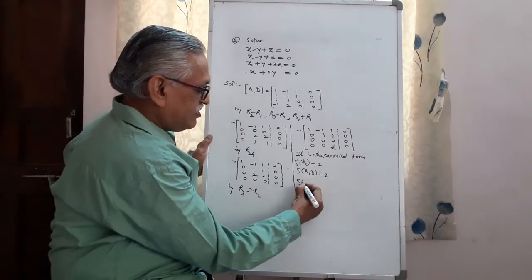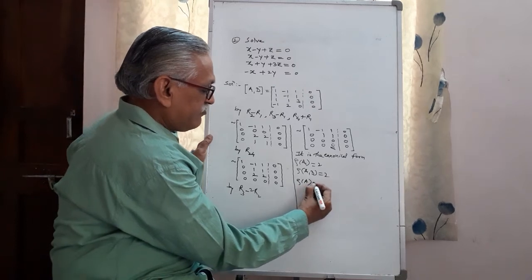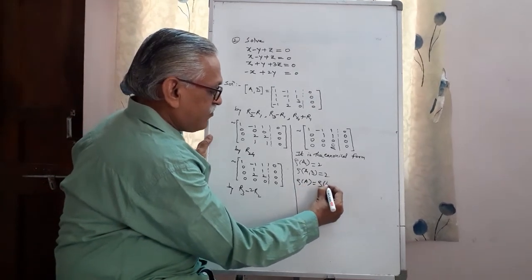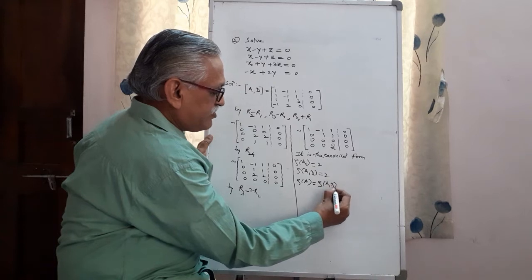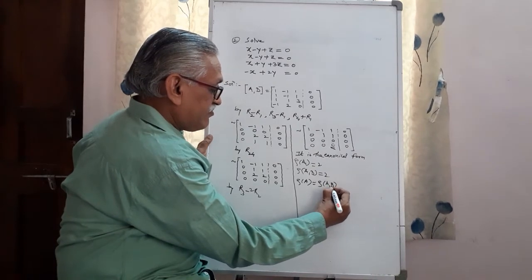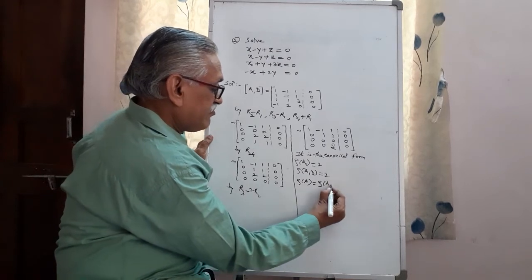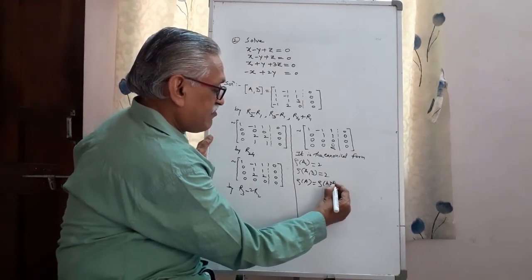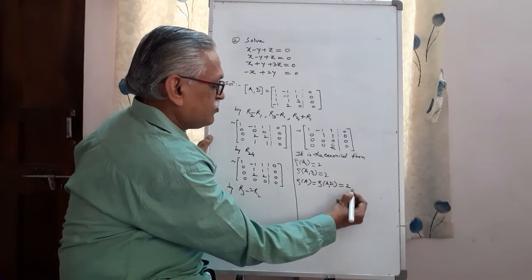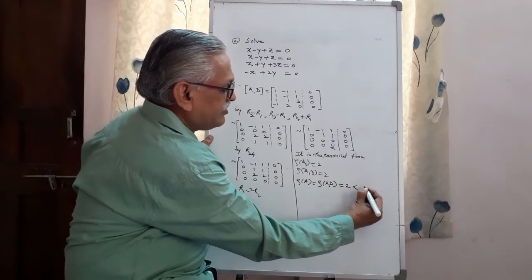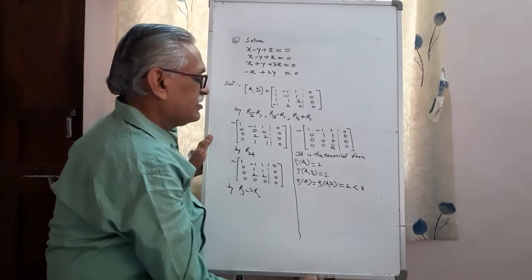Then rank of A is equal to rank of the augmented matrix, equal to 2, which is less than 3, the number of unknowns.